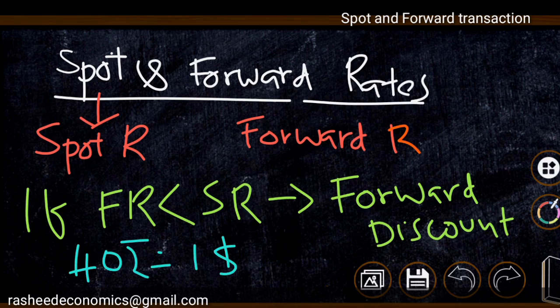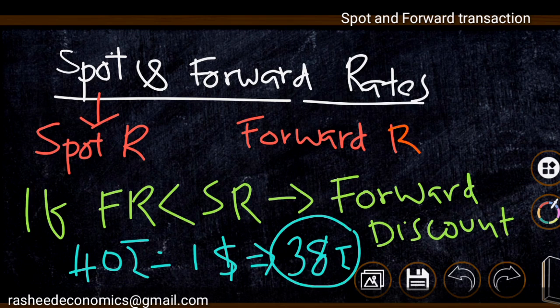For example, if 40 rupees is equal to $1 and it becomes 38 rupees to $1 in future, we can say that the rupee has a forward discount. That means this forward rupee rate is lesser than the current spot rate of the currency. Therefore we can say that the rupee is enjoying a forward discount.